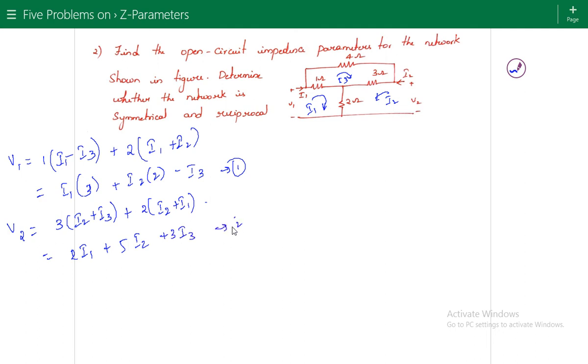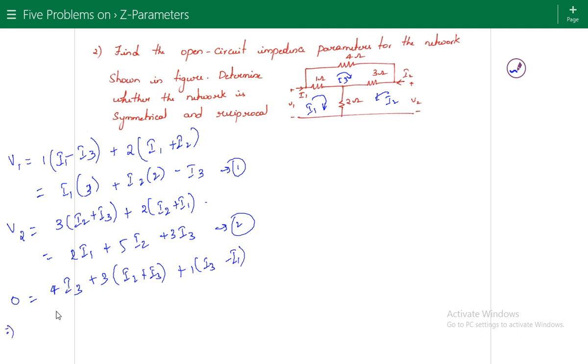This is equation 2. For the third loop, I apply KVL with 0 equal to the drop across these three resistors: 4 into I3, plus 3 into I2 plus I3, plus 1 into I3 minus I1.